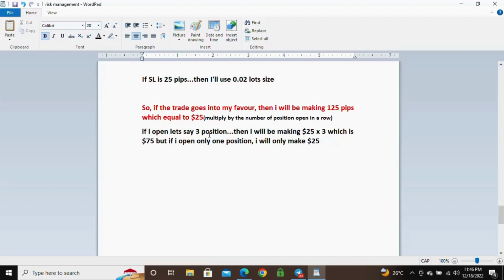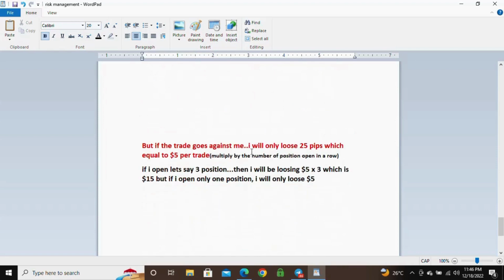I mean, if I open, let's say 3 positions, then I will be making 25 times 3, which is $75. But if I open only one position, I will only make $25. But if the trade goes against me, I will only lose 25 pips, which equals $5 per trade. Don't forget, I'm still risking $5.